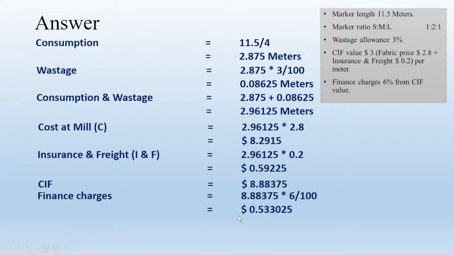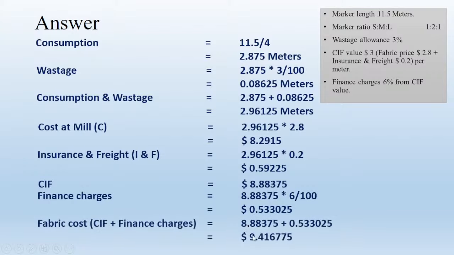Now, this plus this is our fabric cost: 8.88375 plus the finance charges 0.533025. That means $9.416775 per garment for our fabric cost.